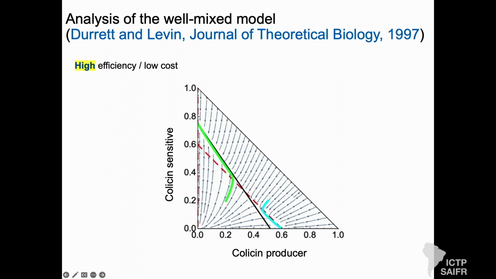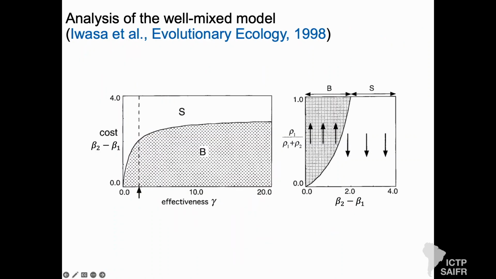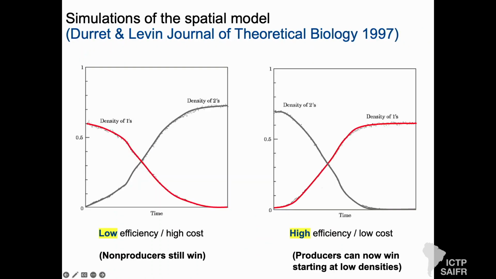Then when we were doing spatial simulations, the picture was different, and this threshold was disappearing. In simulations on the lattice, the population of producers was able to grow and outcompete the non-producers. So the bistability was disappearing for the same parameters where I was finding bistability before. And the question was, how does space capture that?